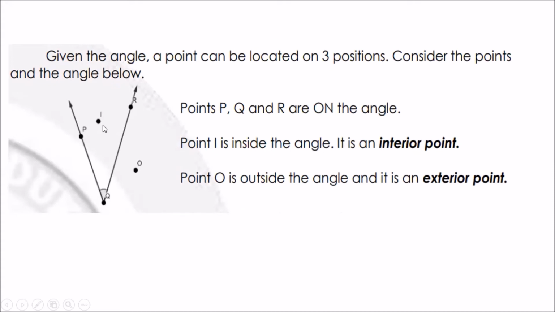And point Q is outside the angle, so it is called an exterior point. So therefore, the three positions of a point in the given angle are: on the angle, interior point, and exterior point. So we have three positions of points on the given angle.